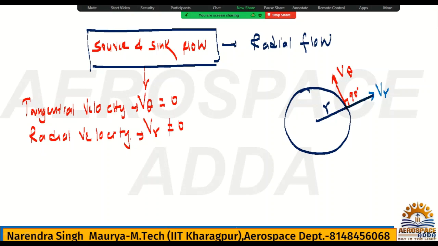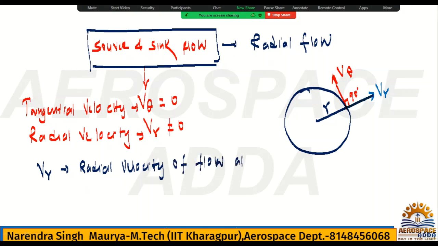Now next, one more important point I just want to write here. What is the VR? VR, I must say, is the radial velocity of flow at a radius r from the source.